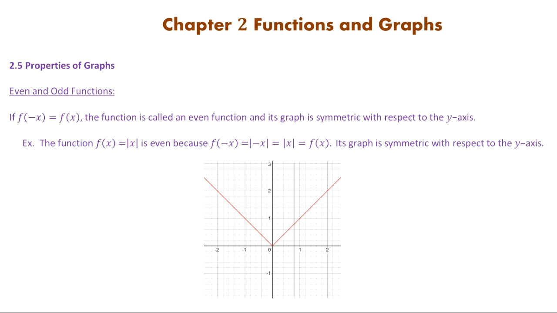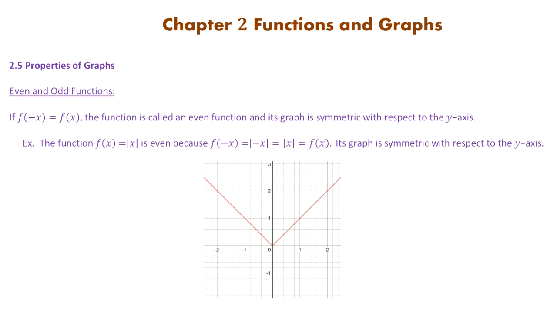In other words, if f of negative x equals f of x, then the function is called an even function, and its graph is symmetrical with respect to the y-axis. Remember, you change x to negative x and you get the same equation, the same function, to test the symmetry with respect to the y-axis.